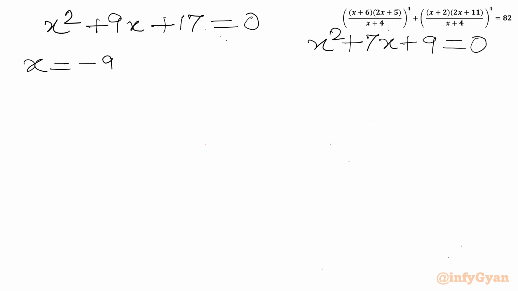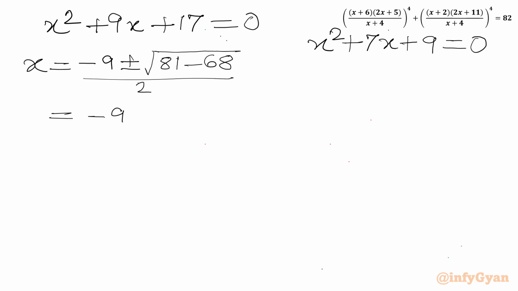Minus b, so minus 9 plus minus square root of b square, it is 9 square, 81, minus 4ac, 4 times 1 times 17, 68, divided by 2a, so 2 times 1, 2. Negative 9 plus minus square root, 81 minus 68, 13 over 2.